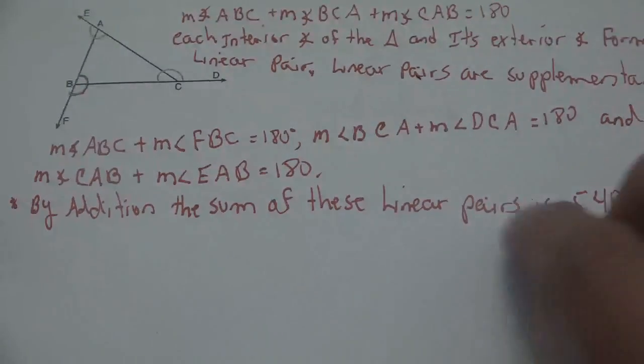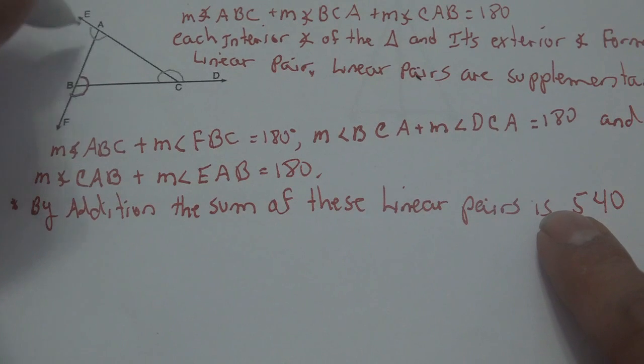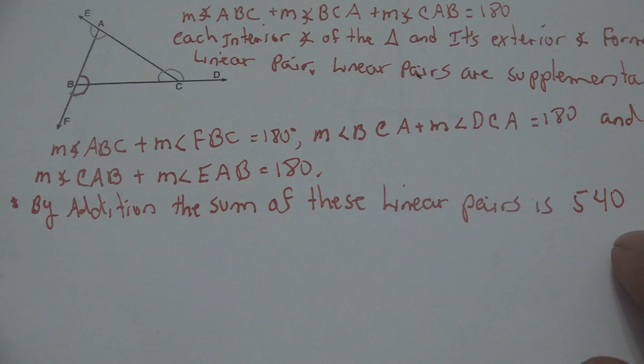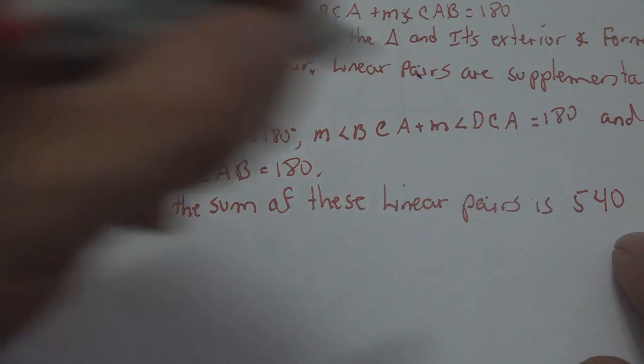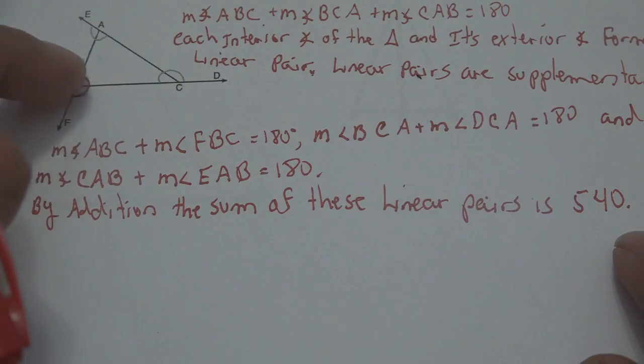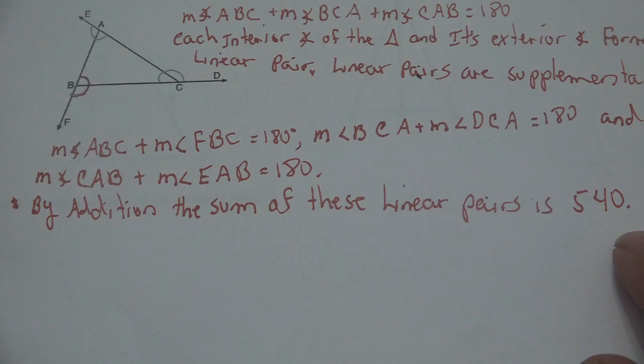By addition, the sum of these linear pairs, the sum of this, this, and this, okay, is 540, correct? So all the angles are 540. Like the sum of this 180 plus this 180 plus this 180 is 540.